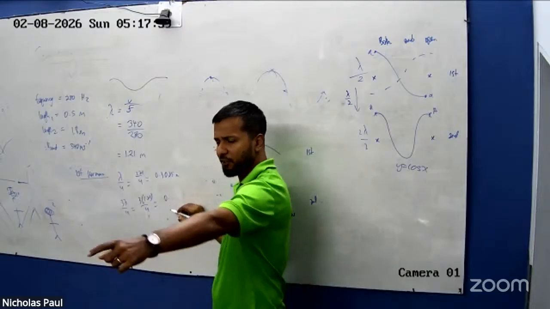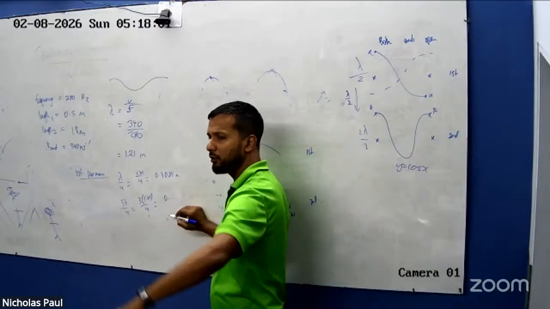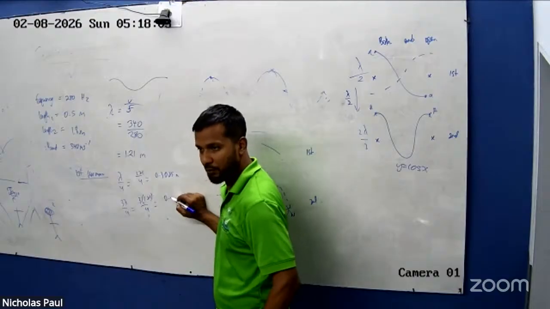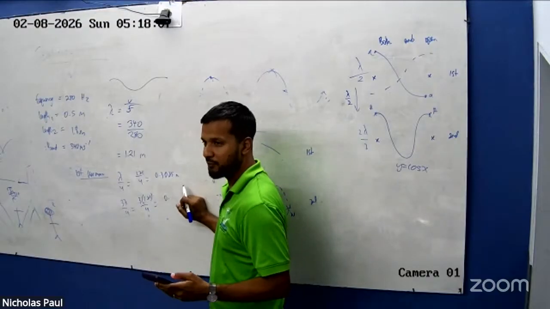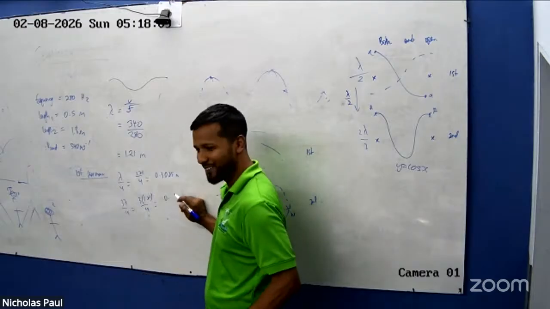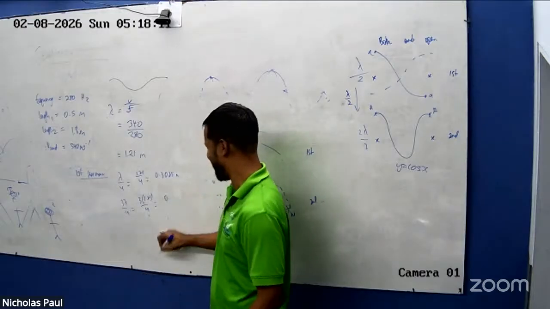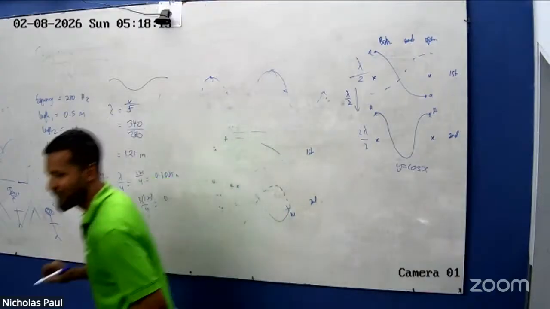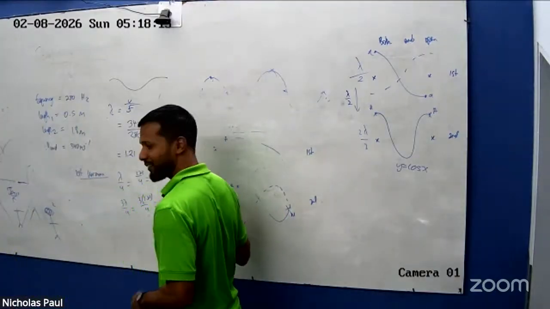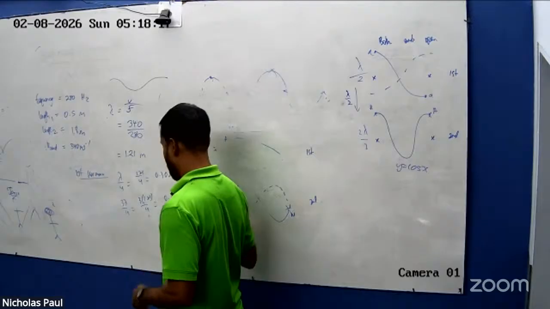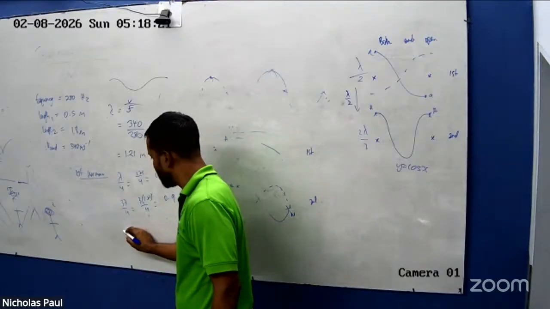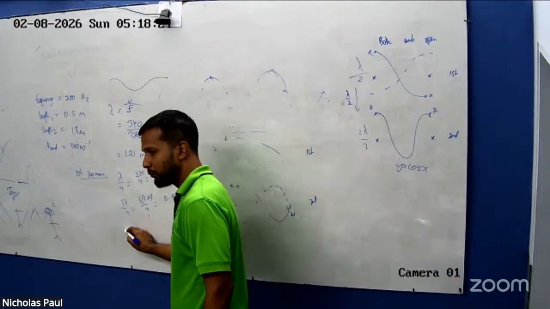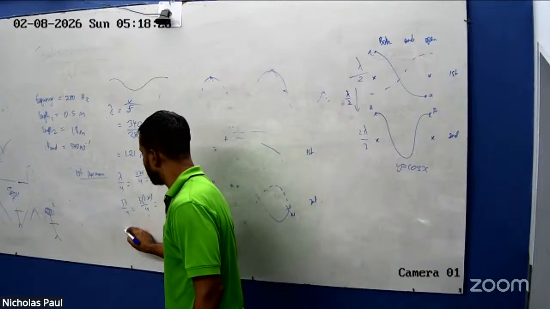You see the idea? I'll press it on my phone. How much is this? Will you hear that? Yeah, nice. So when do you hear it again? 5 lambda over 4.